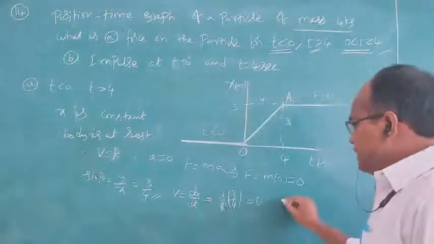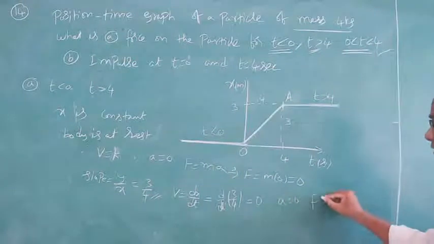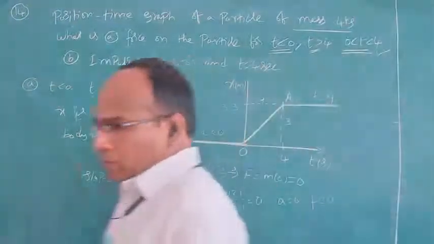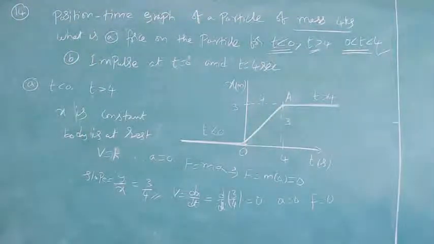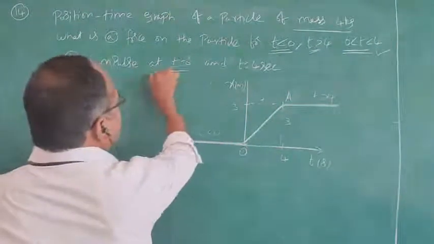V is constant means acceleration is also 0. So what is the force? F is equal to ma. In place of a if you keep 0, then also F is 0. Okay, this is the value. Next, the second problem. Now the second problem they are asking is the impulse at t is equal to 0.